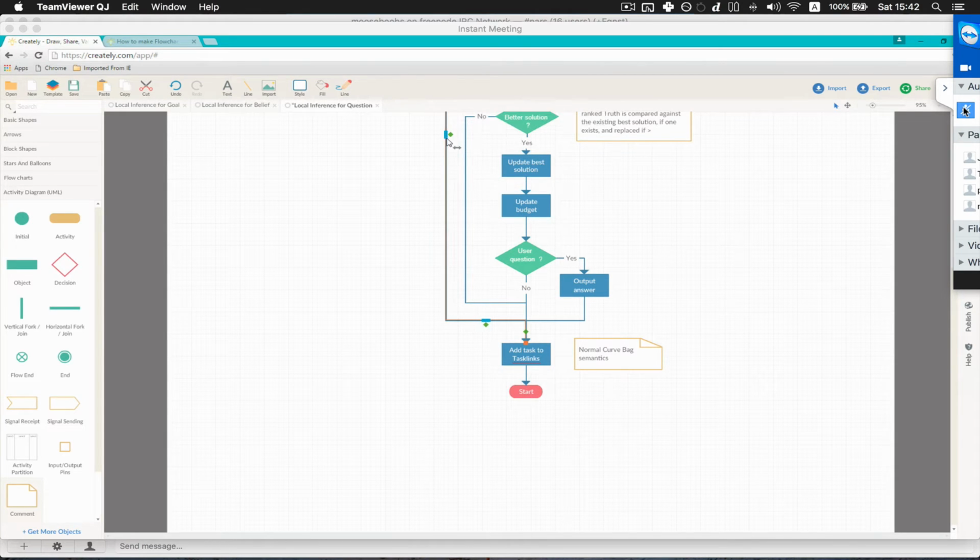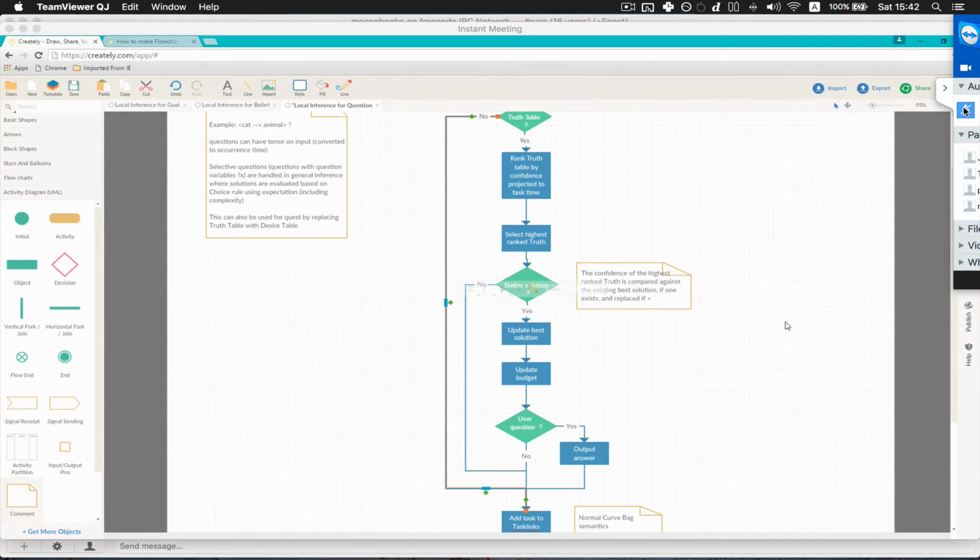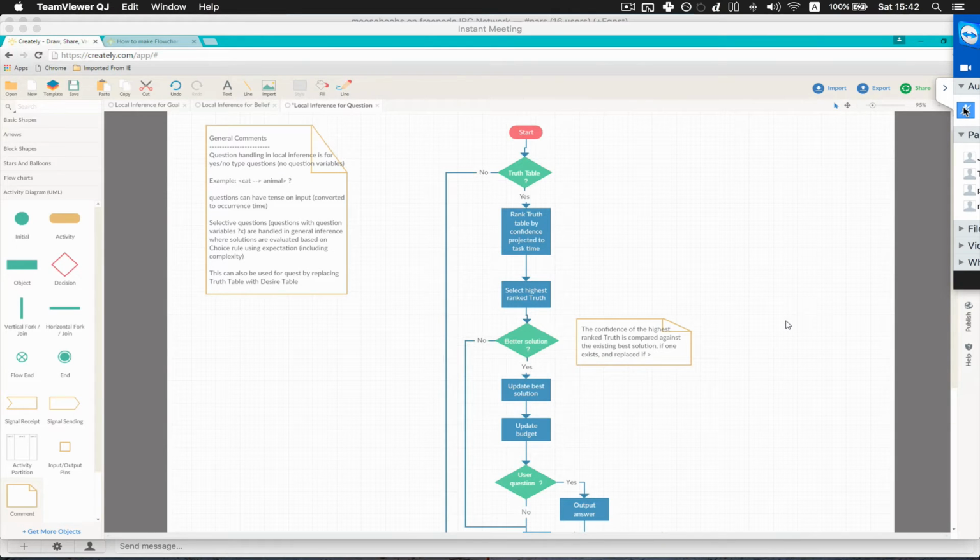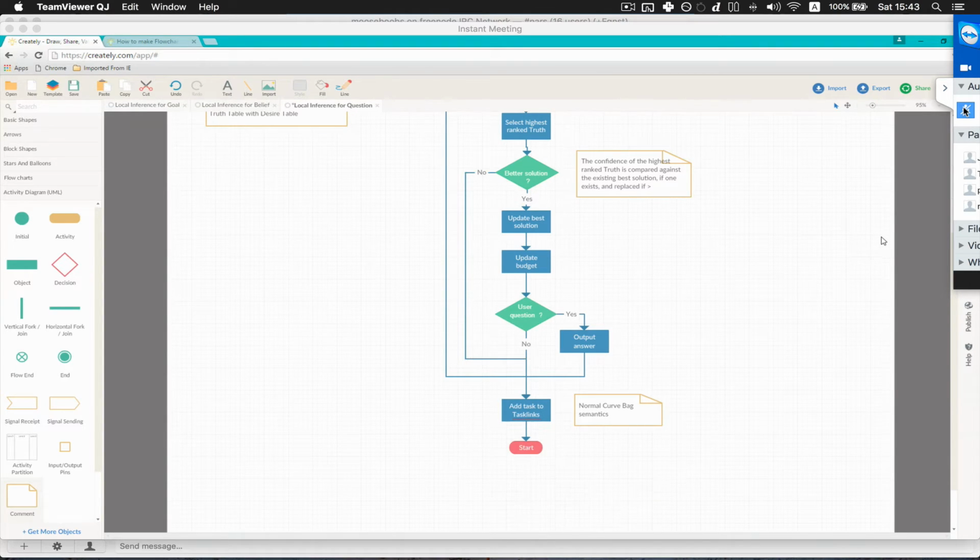I don't know how that ended up moving, but it did. Right, that makes more sense now. If it's a better solution, update the best solution, update the budget. Can you scroll down? Thank you.